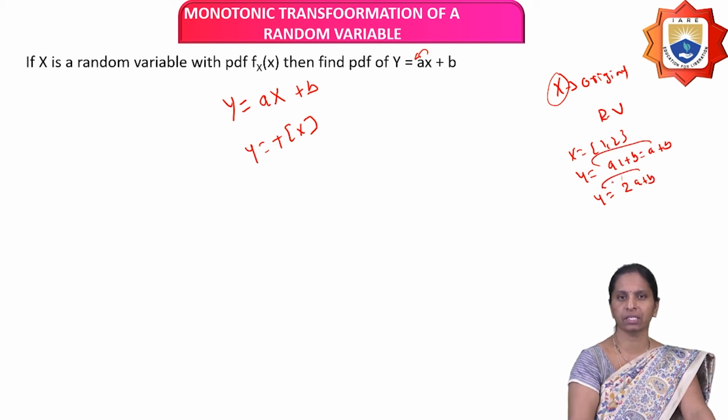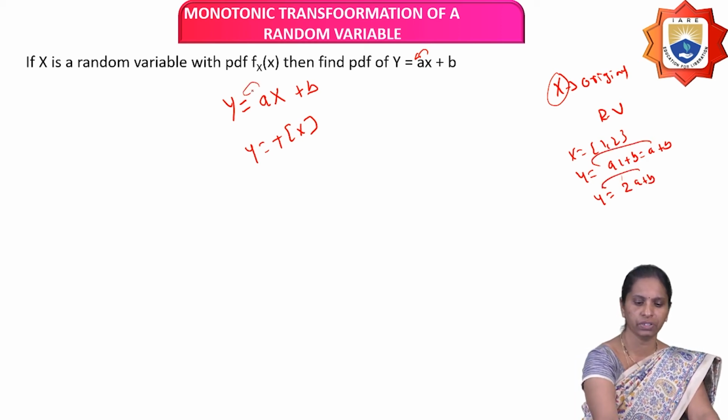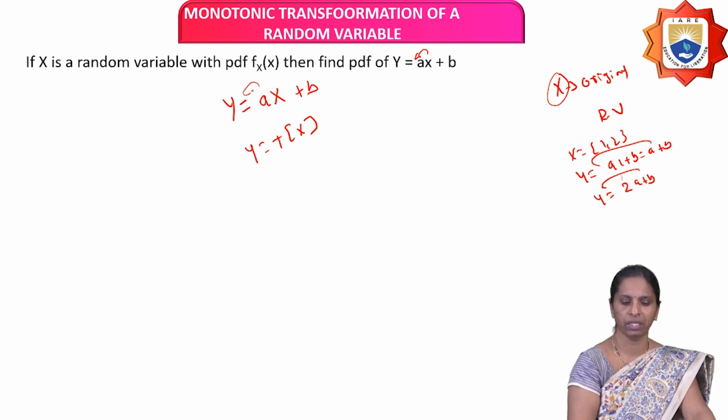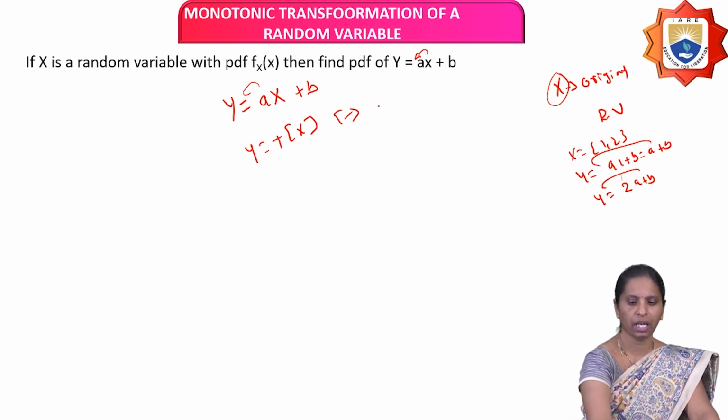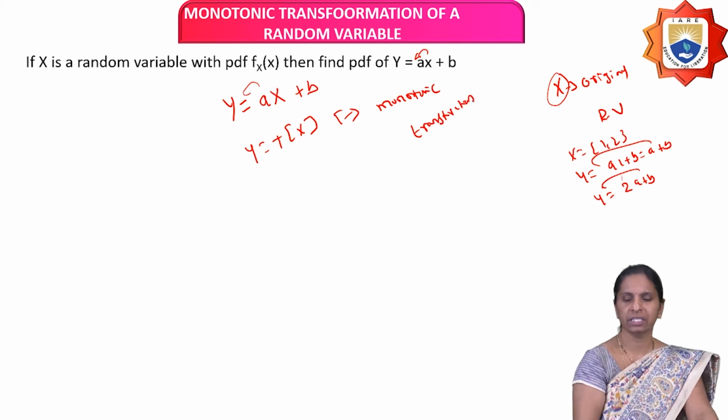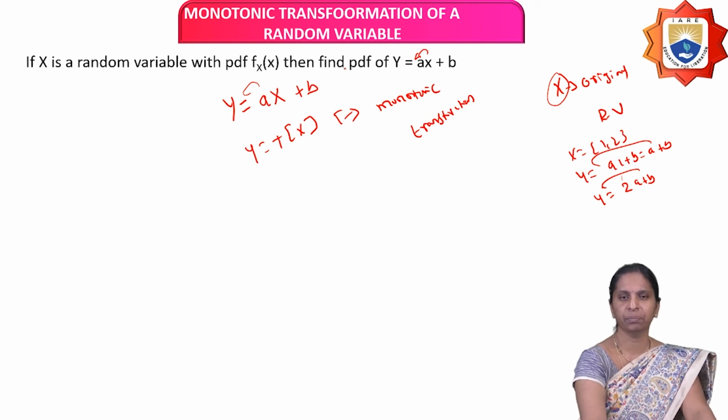There is a one-to-one correspondence. It is a linear equation. Therefore, here the type of transformation is a monotonic transformation. Is it increasing or decreasing? We don't know, because depending upon the value of a, it may increase or decrease. That's why I am simply saying it is a monotonic transformation.